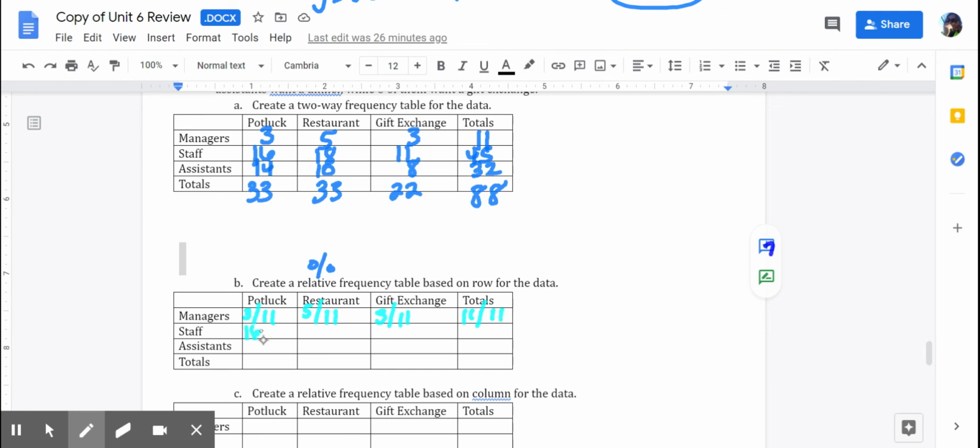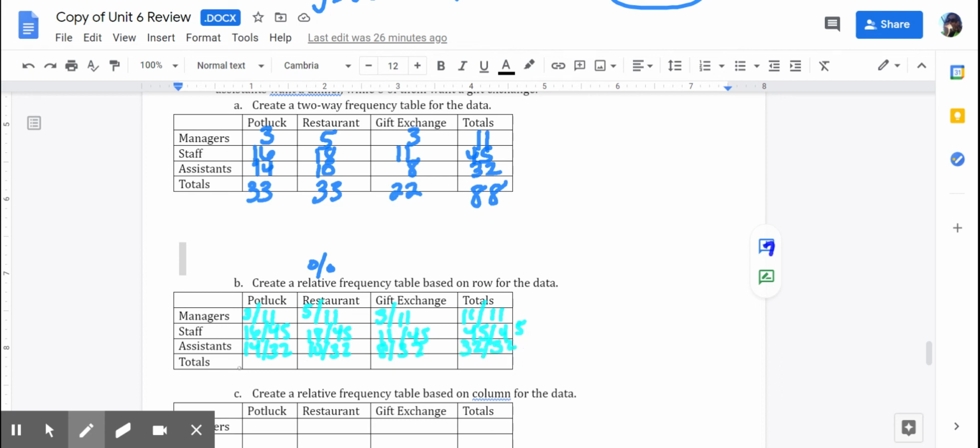We have 16 divided by 45, 18 divided by 45, 11 divided by 45, finally 45 divided by 45. 14 divided by 32 here, 10 divided by 32, 8 divided by 32, and then 32 divided by 32.